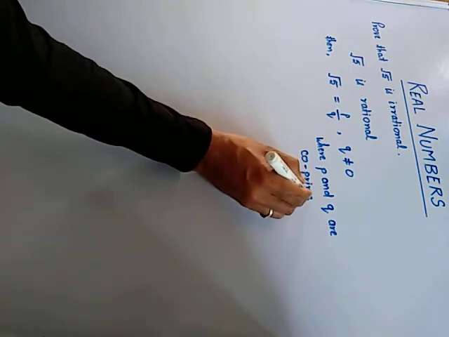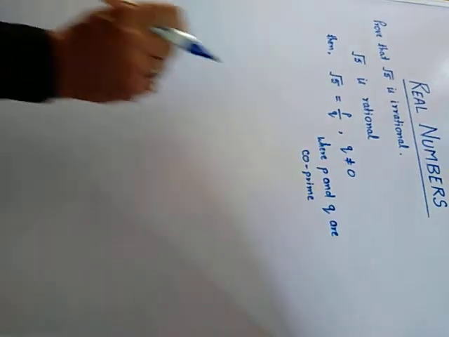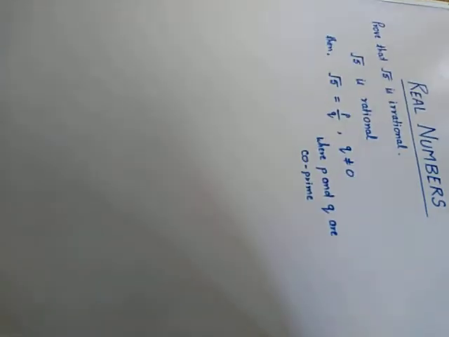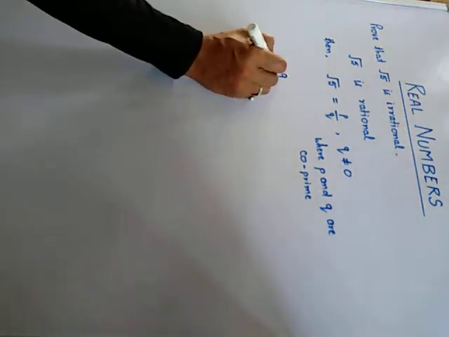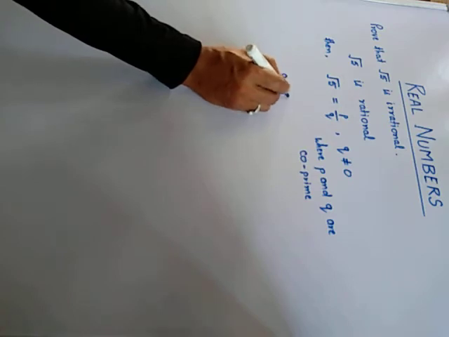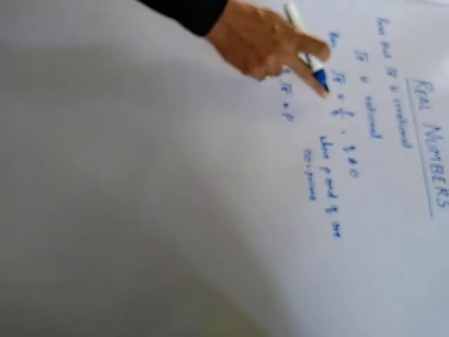To prove this question, this is important that p and q are co-prime. Now cross multiplication, we can write this as q into root 5 equals p.